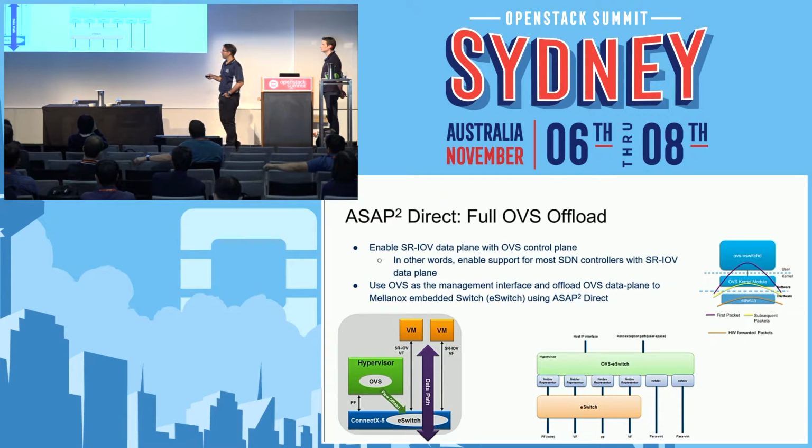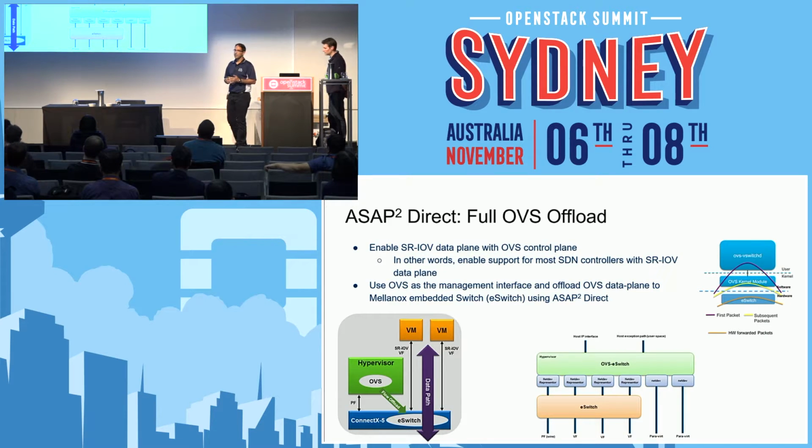To make this happen, we had to make a lot of changes in various Linux kernel elements, OVS itself, DPDK, and so on. All the work that was done is open source and standard. In Pike, you get OVS offload integrated if you have the latest kernel 4.13 and OVS 2.8.